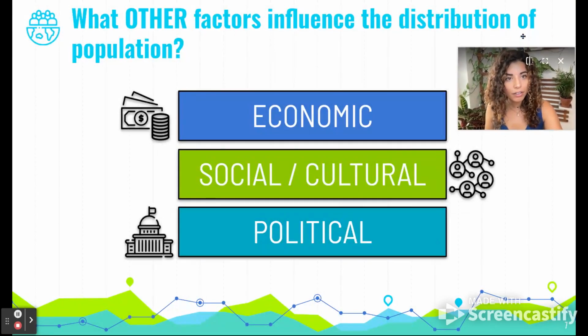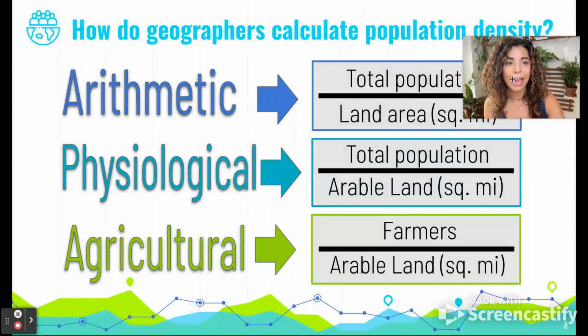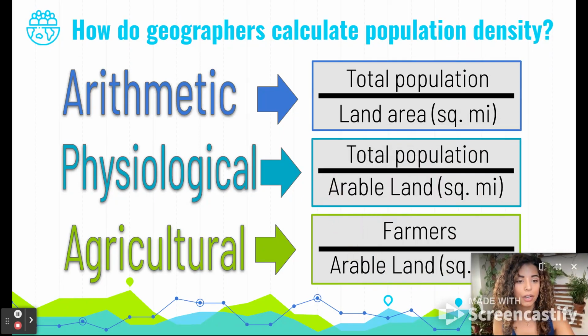In terms of other factors that influence distribution of population, namely it's economic, social, cultural, as well as political. And for calculating population density, we have a few measurements here. This first one is arithmetic. That's total population divided by total land area, which is square miles in this example, or square kilometers, whatever unit of preference is fine.